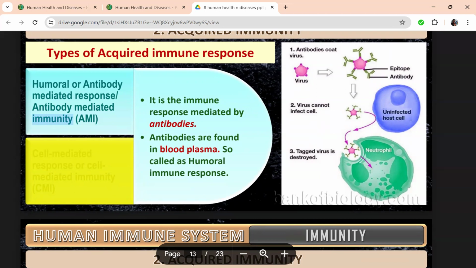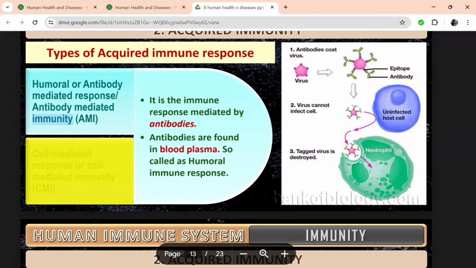These antibodies attach at the epitope. Now this virus cannot infect the cell, so it is disarmed.